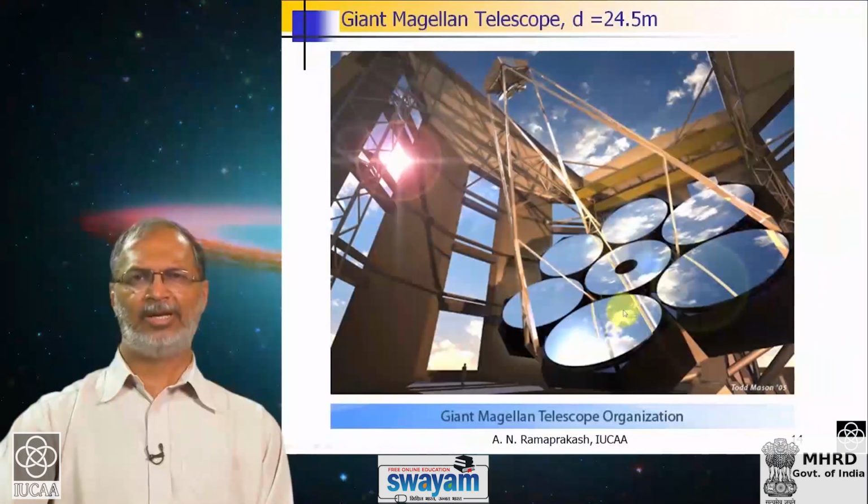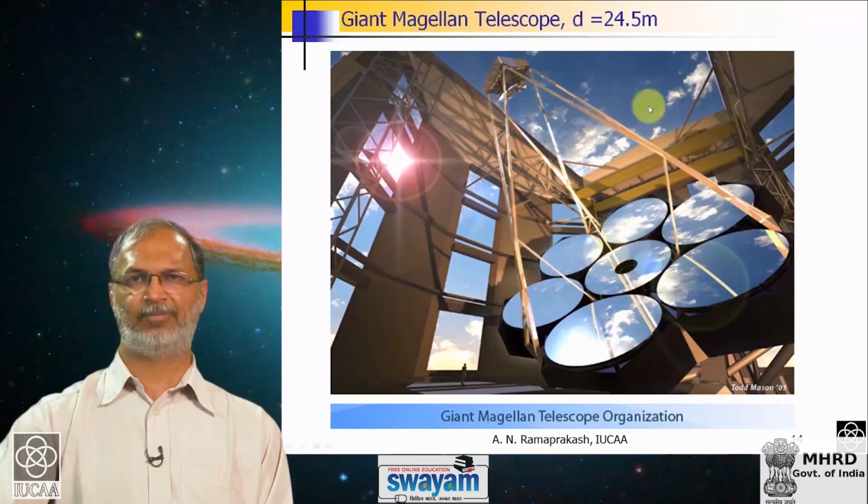Now, we are in an era where astronomers are planning to build the next generation telescopes which are even larger. There are 3 of them being currently planned. The first one is the Giant Magellan Telescope with an effective diameter of about 25 meters. Nobody can make a single piece of glass, either a mirror or lens, which is 25 meters in diameter.